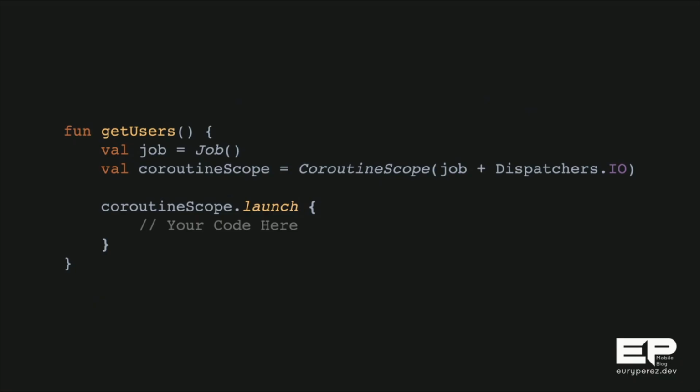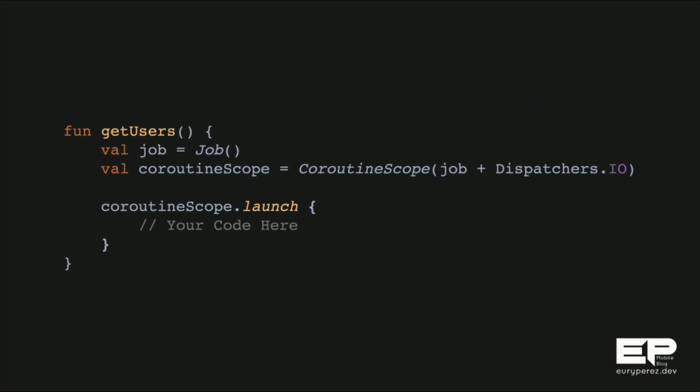What we do is first create a job, right? There are multiple ways of doing this, but here I'm showing you the most basic one. Previously I told you that the coroutine context is a mix of multiple components, right? I mentioned a job and a dispatcher. Here we can see this. I'm creating a new job in a new variable, and in the next line, I'm creating a new coroutine scope.